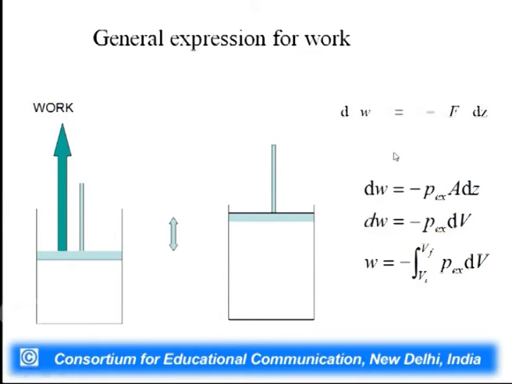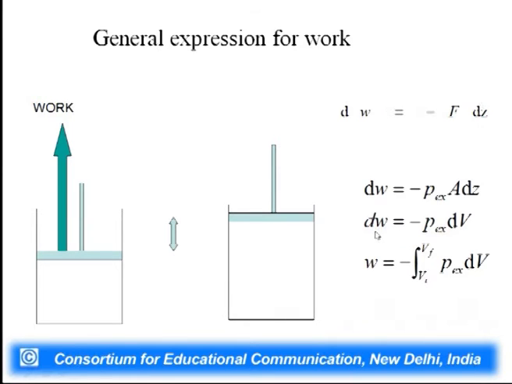You know that force is basically P external multiplied by area. So, you can write dW is equal to minus P external, which is the external pressure, multiplied by the area of this cylinder, and this dz is the height by which expansion has taken place. We know that area multiplied by dz is equal to the change in volume, that is dV.